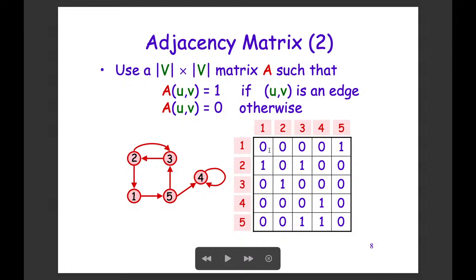But 1 cannot reach the other vertices directly, so we put a 0 here. On the other hand, 2 can reach 1, and 2 can also reach 3. And then for this vertex 4, 4 can only reach 4 itself, but no other vertices. So basically, we used 0 to represent there is no direct connection, and 1 to represent there is a direct connection.